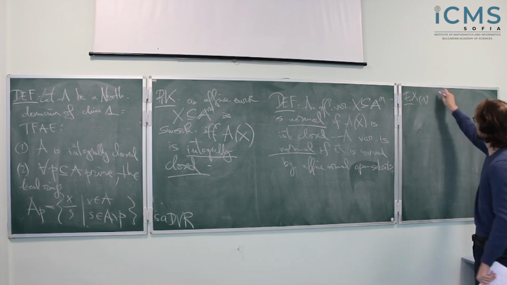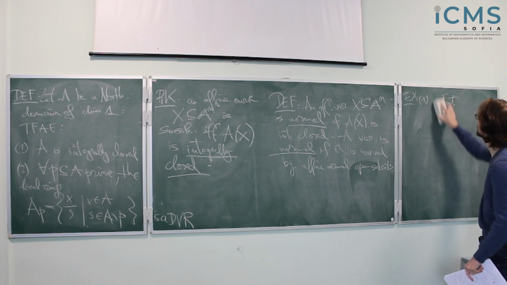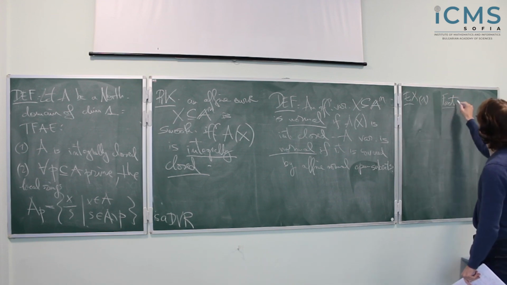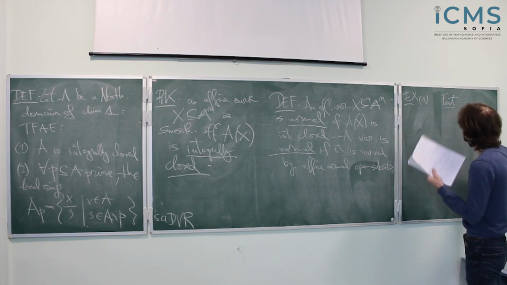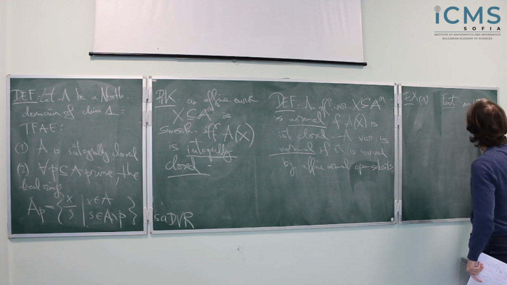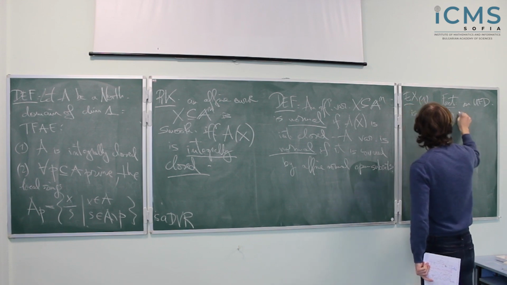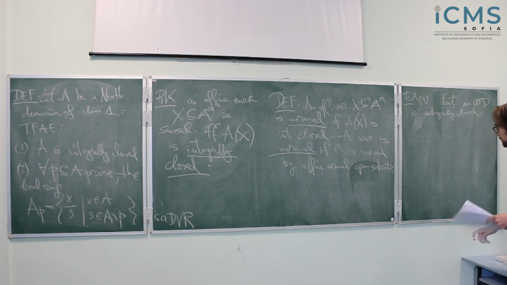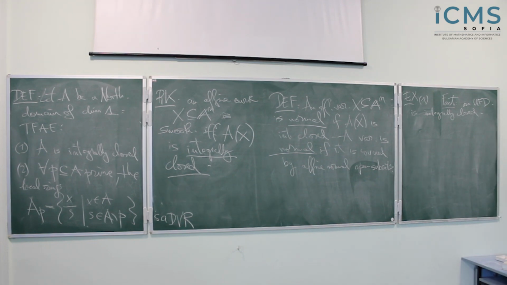So there's a general fact that says that a UFD is integrally closed. It's an easy exercise. You just take an integral equation and you factor out the denominator and numerator of your possible fraction x, and then you use this.